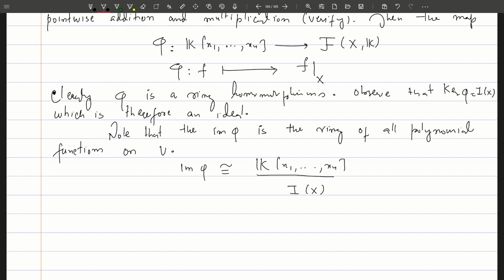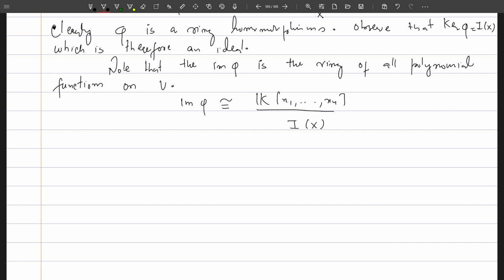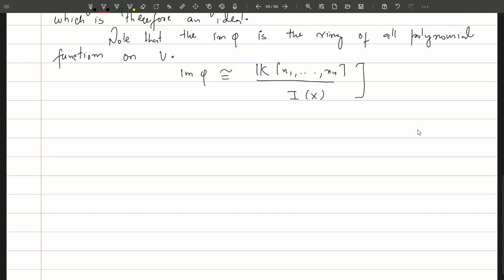Now this quotient ring over here is actually a k-algebra, and this k-algebra is called an affine algebra. Let us quickly recall here what we mean by an A-algebra.